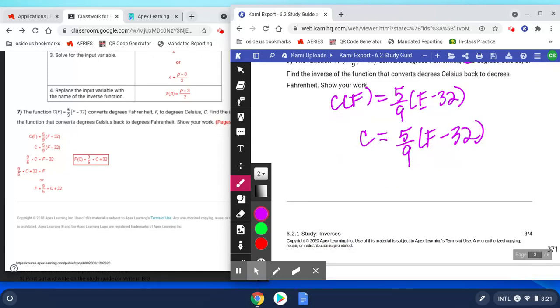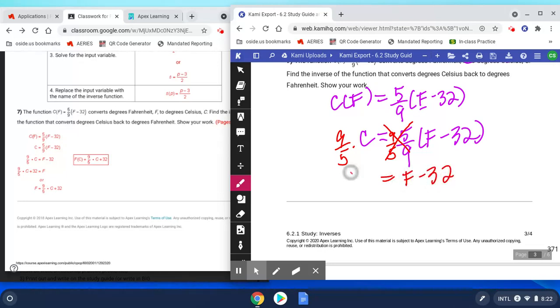So what would I do first in order to isolate the F? We need to get rid of the 5/9. So I'm going to multiply by the reciprocal to both sides, times 9/5, times 9/5. Why do we multiply by the reciprocal? So that we can cross that out. Now I've got 9/5 C equals F minus 32.